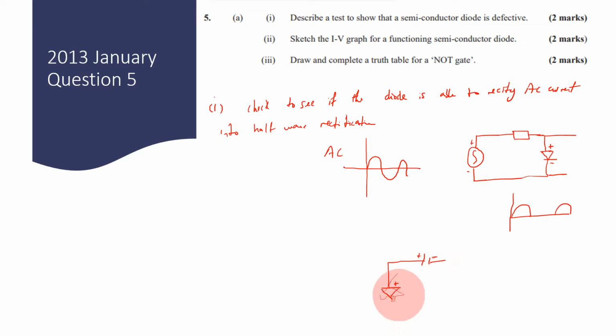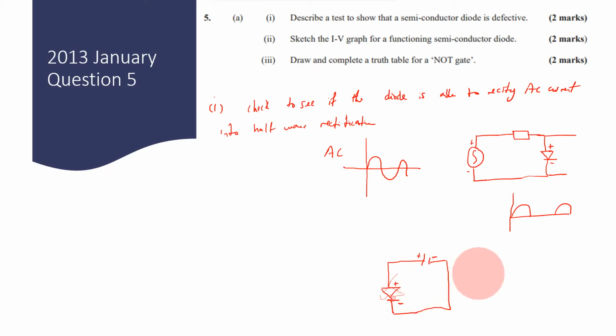I must just say that a diode acts as a switch in most cases. So if the diode is not acting as a switch, then it tells us that it is defective.